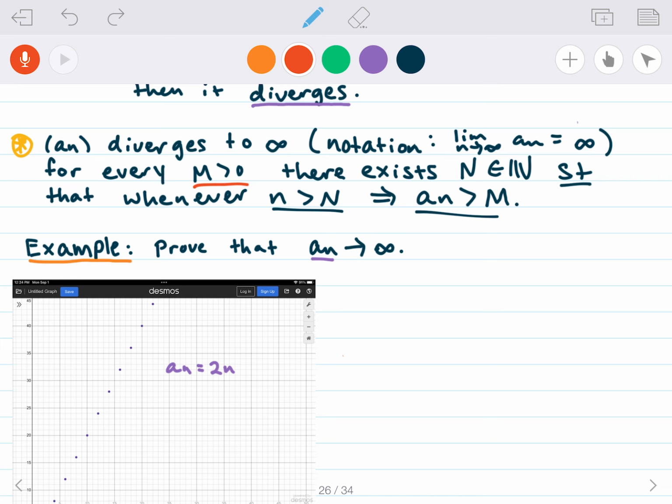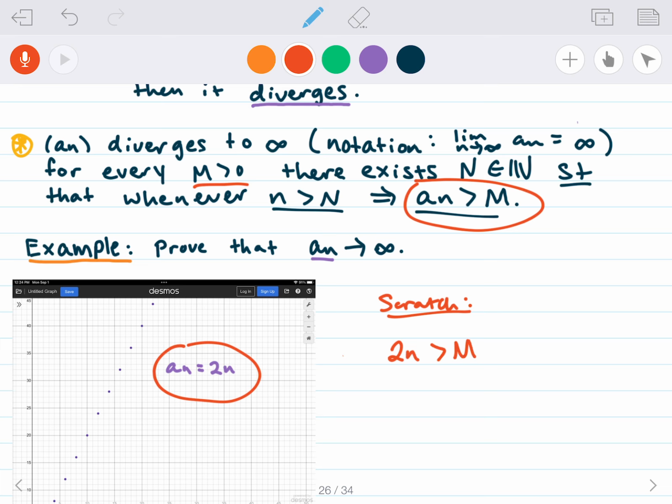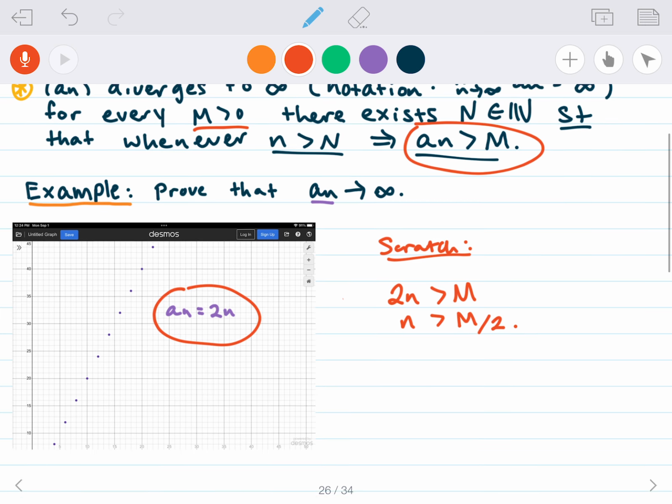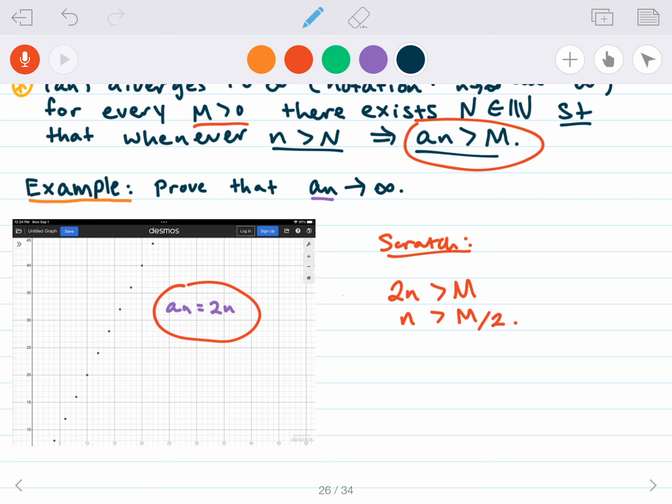And how do we prove this? The same way that we did the other convergence proofs. We start with what we want, which is our sequence being bigger than m, that's given. Our sequence in this case is a sub n equals 2n, so 2n greater than m, and we solve for little n. We get little n is bigger than m over 2, and that's all we need to do to choose capital N. So for our proof, we let m bigger than 0 be given, just like with the epsilons.